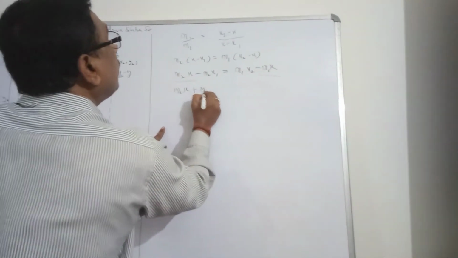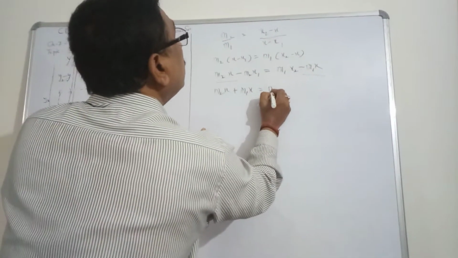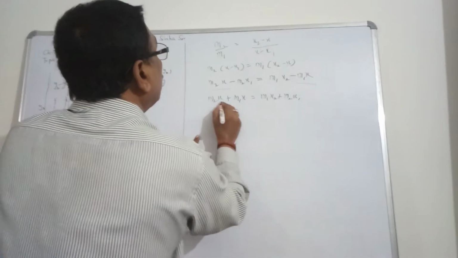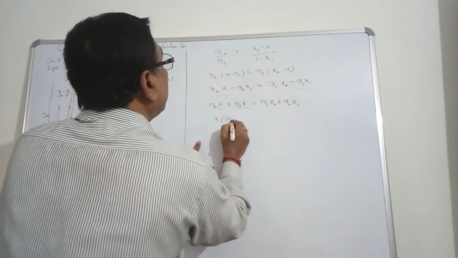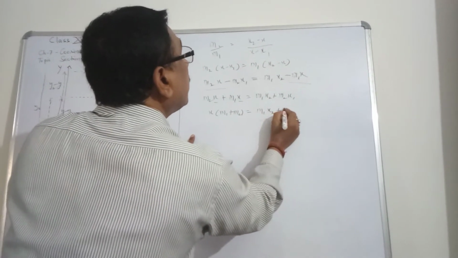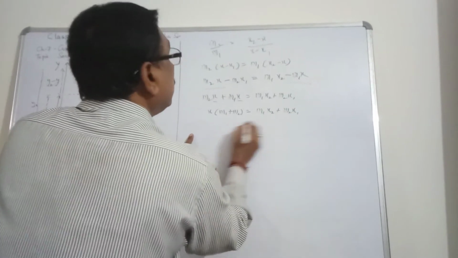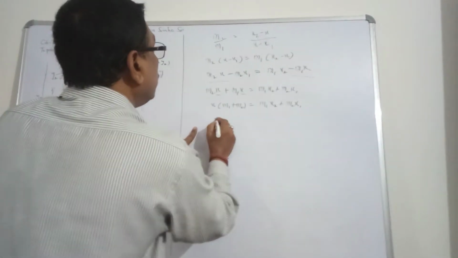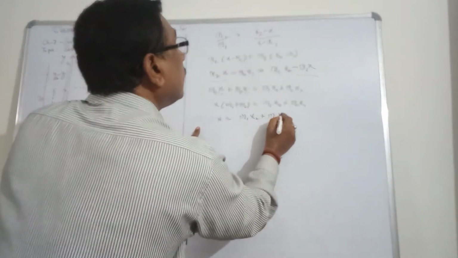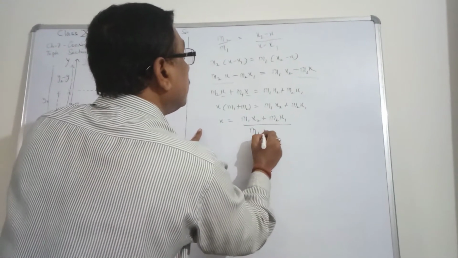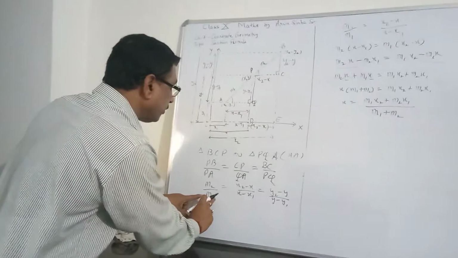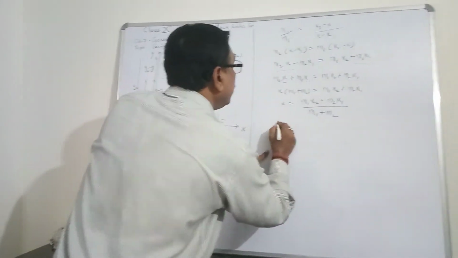M2x plus M1x is equal to M1x2 plus M2x1. So take x common, you will get x times M1 plus M2 is equal to M1x2 plus M2x1. So just shift this one, you will get the value of x as M1x2 plus M2x1 upon M1 plus M2.